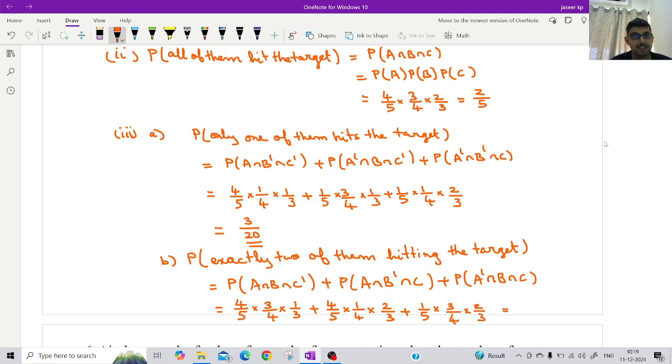So that is just putting in all these values and substituting, the answer will come as 13 by 30. So this is the answer for the third.